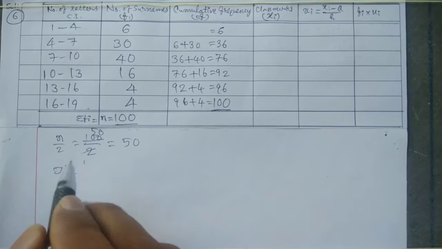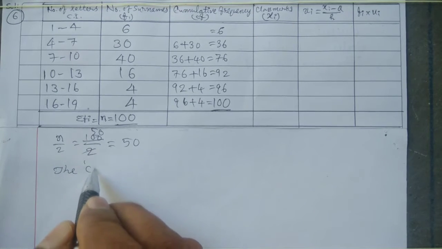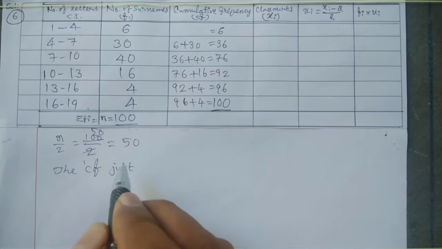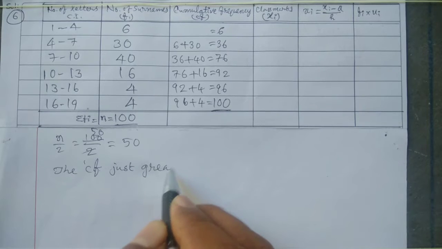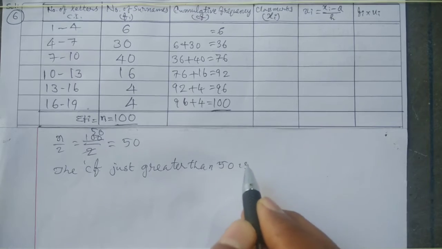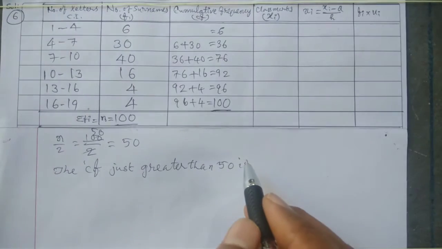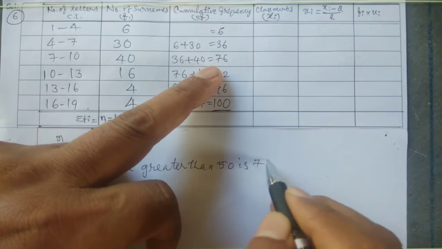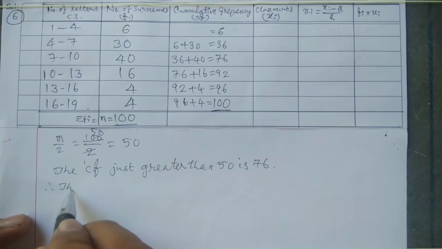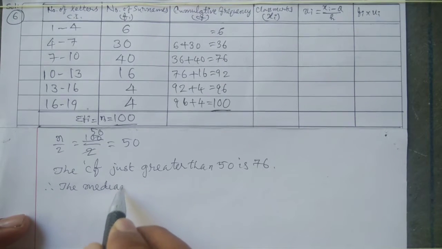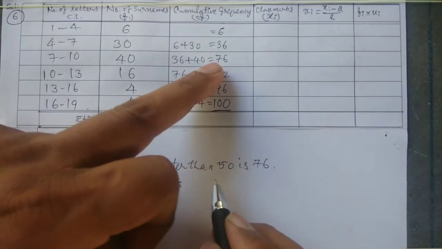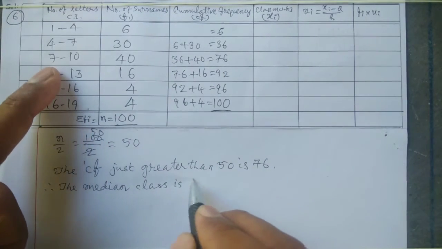The cumulative frequency just greater than 50 is 76. Therefore the median class is 7 to 10.